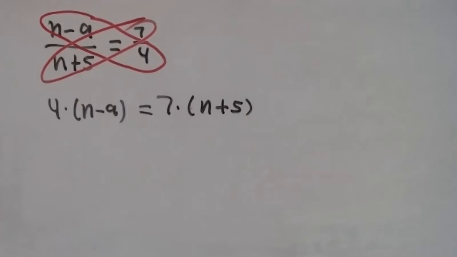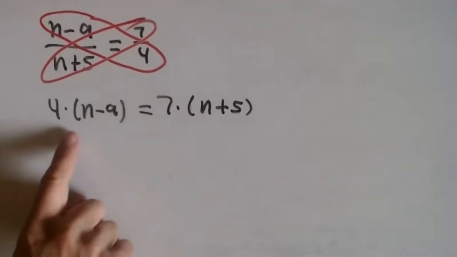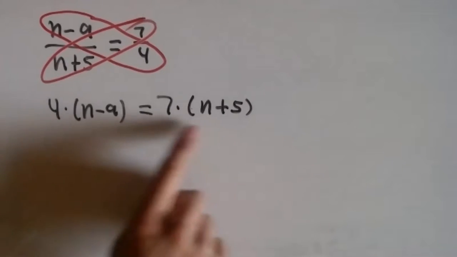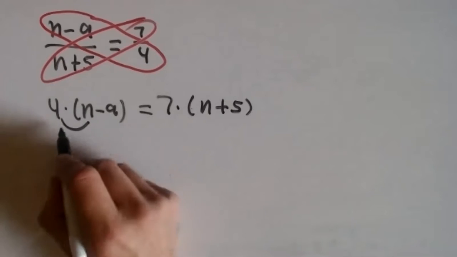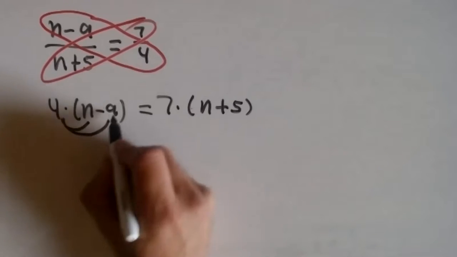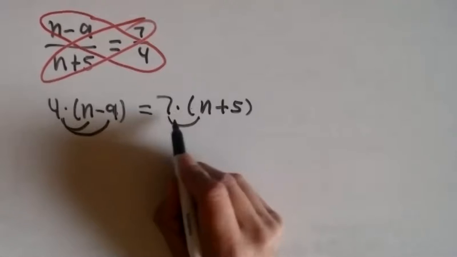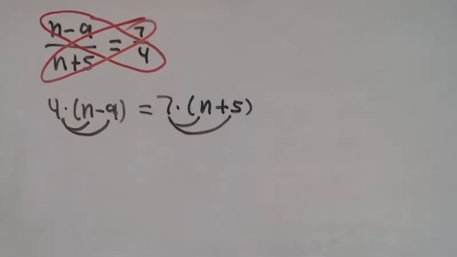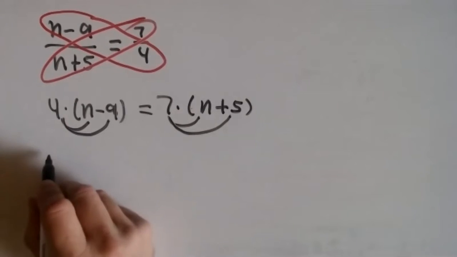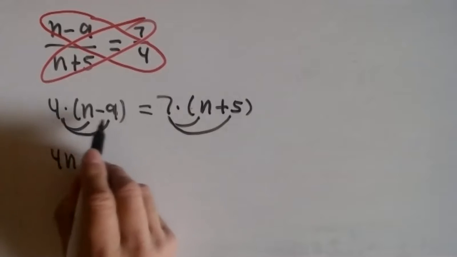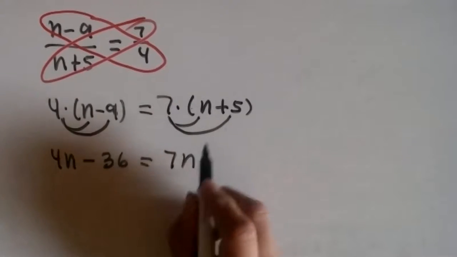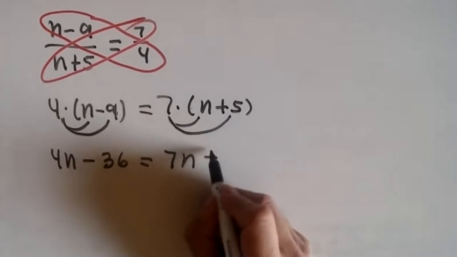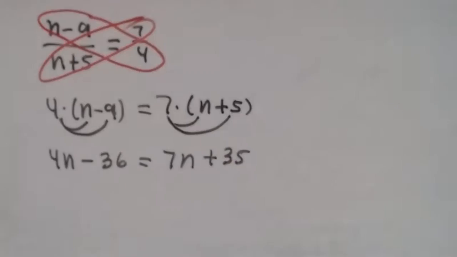So in this case, I have to distribute in two parentheses, you see? So 4 times n, 4 times 9, 7 times n, 7 times 5. So I'm going to have 4n, 36, 7n, 35.